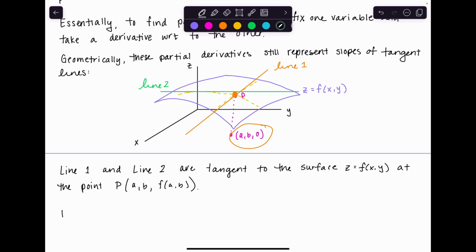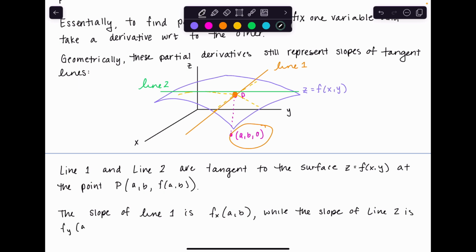The slope of line 1 is the partial of the function with respect to x, evaluated at the point (a, b), while the slope of line 2 is the partial with respect to y, evaluated at the point (a, b).